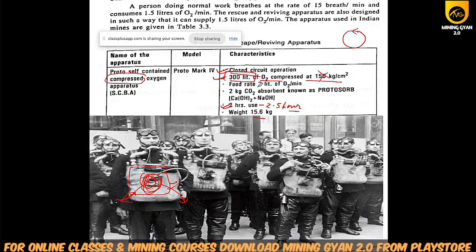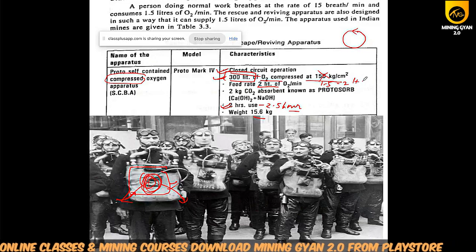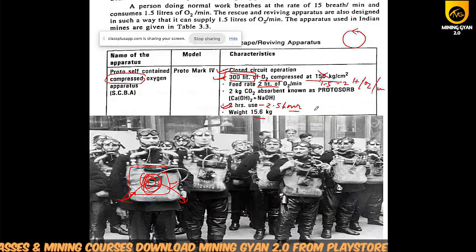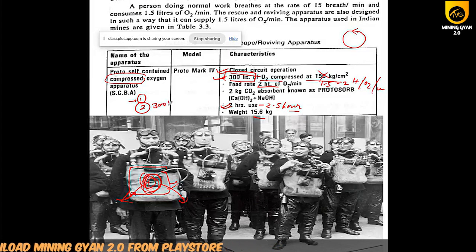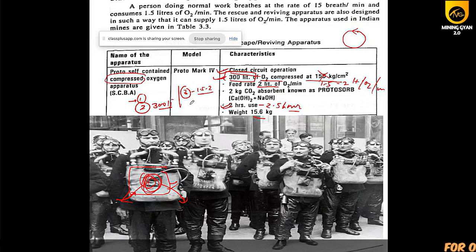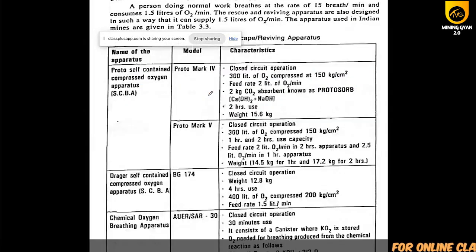Feeding rate is 1.5 to 2 liter of oxygen per minute. So just remember these points. First, it is a closed circuit. Second, 300 liter of oxygen it can store. Third, it can feed 1.5 to 2 liter per minute. And fourth, it can work up to 2 to 2.5 hours.